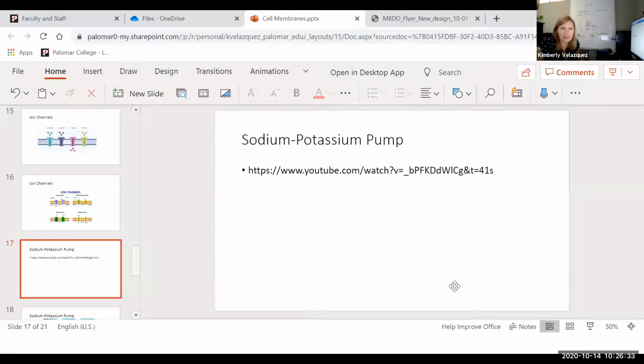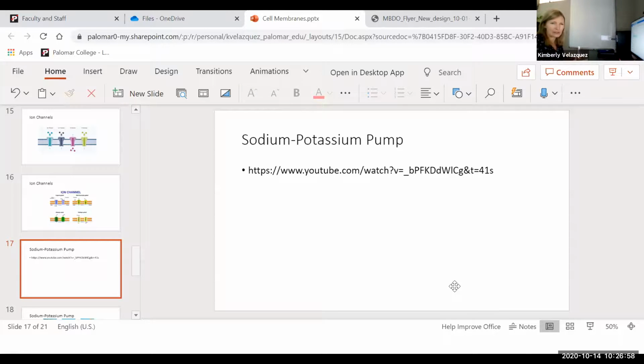Okay, the sodium-potassium pump is really one of our best examples in this class of active transport. And it's important to understand just the very basics of the sodium-potassium pump as an example of active transport. So remember, active transport is going to require energy, and we're going from low to high concentration.